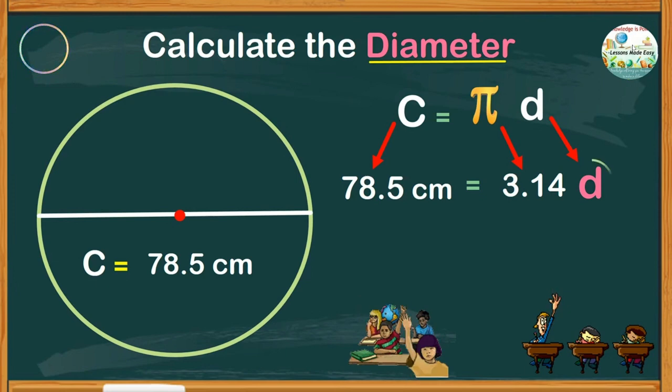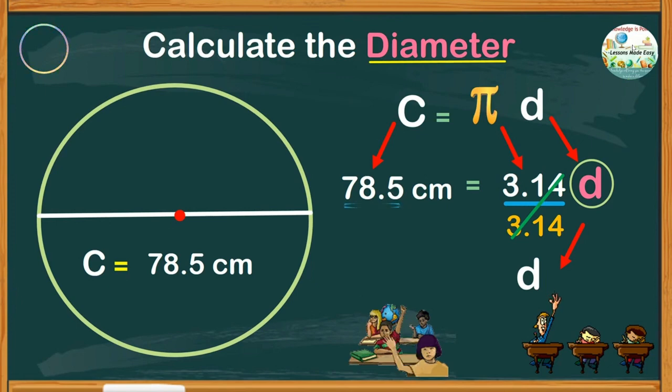Since we only need the diameter, we might as well get rid of pi. But how do we do it? Just by dividing pi with the same value of 3.14, and we get 1, which we don't need actually to write or just simply cancel it. In short, what's left is the diameter. Because we divide 3.14 on one side of the equation, we must also do the same on the other side.